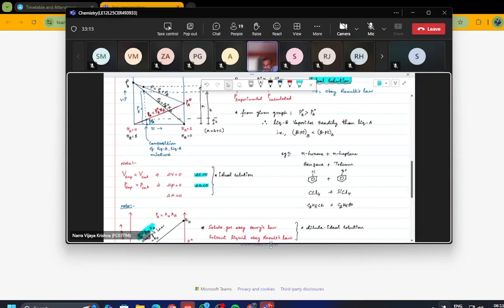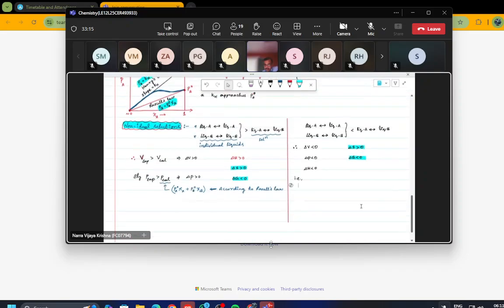Okay, sir. Right. Now here, can I write P experimental value becomes less than PA naught XA plus PB naught XB? Accepted or not, sir? Correct or not?